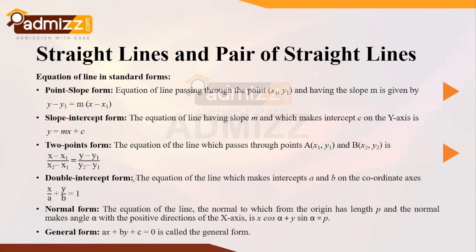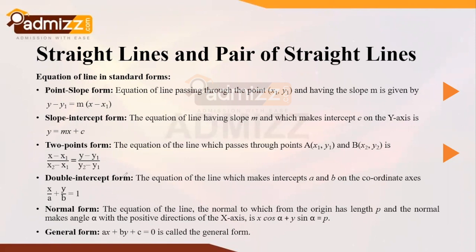That can be framed using this equation: x upon a plus y upon b equals 1, wherein the x intercept, the a value, and the y intercept, the b value, will be provided in the question itself. Then you need to do the further simplification and you are done with your result.